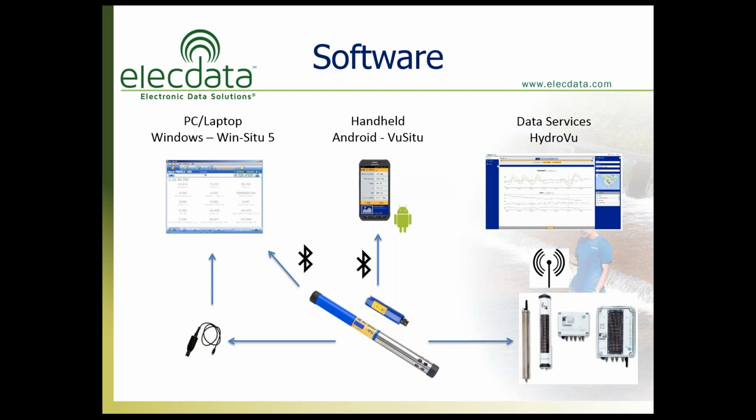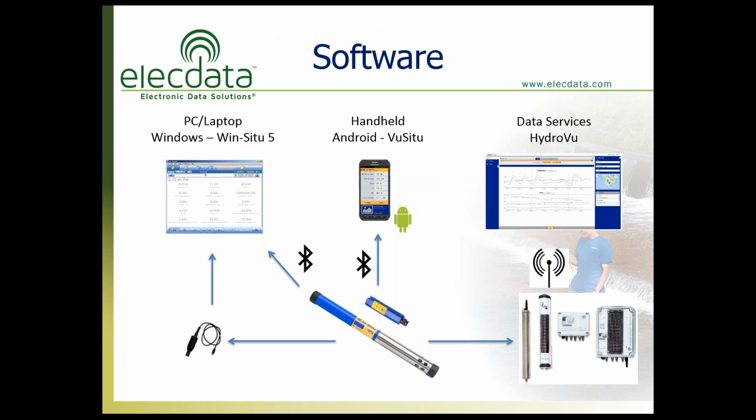Now, how do I interface with the AquaTroll 600? You'll see that there's a variety of ways that we give you to talk to this and get your data off of the instrument. For those of you that like to use a smartphone or a tablet in the field, you can interface with the instrument via Bluetooth to your Android smartphone or tablet, and again, soon to be iOS ready.